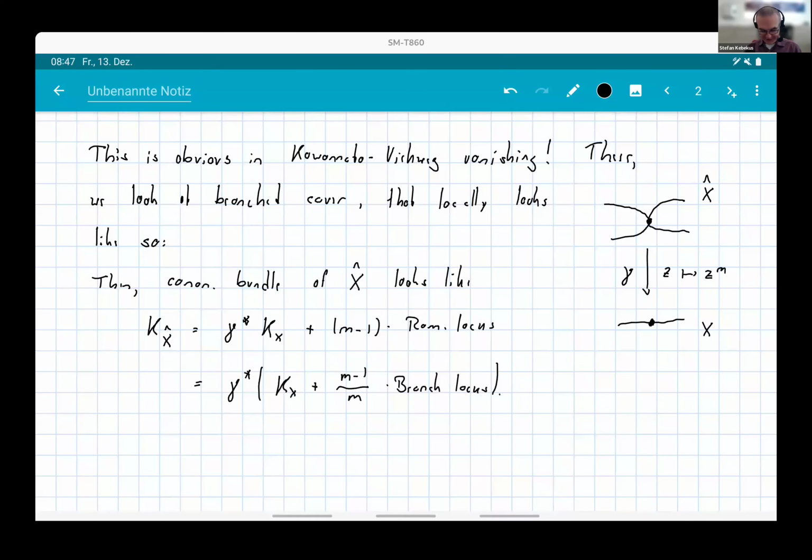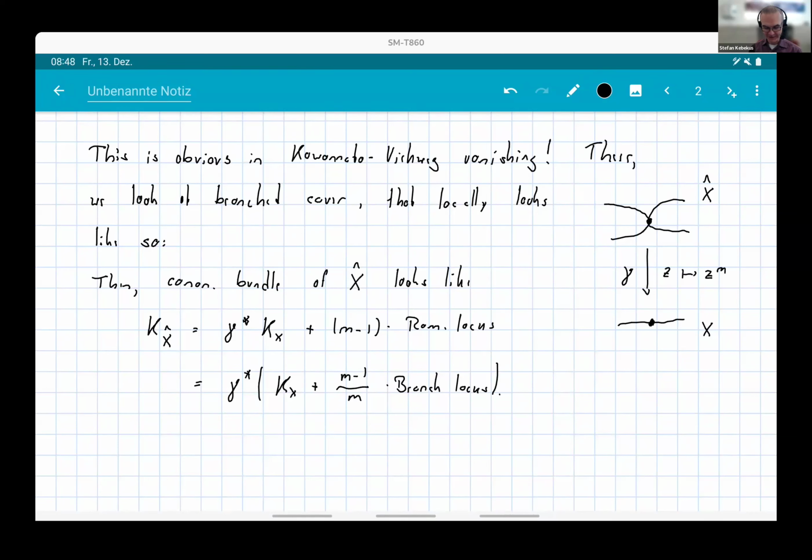And now we're in business. So we would like to understand the canonical bundle upstairs, and trying to understand the canonical bundle upstairs is something that involves looking at the canonical bundle downstairs, but with a, Lazarsfeld would say, Q-twist.